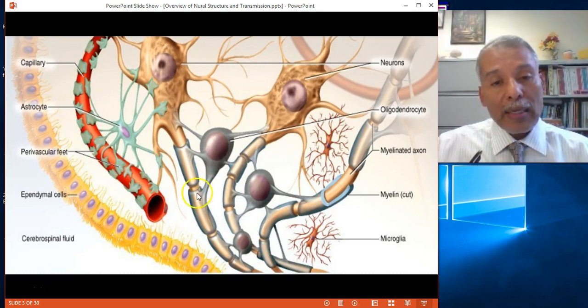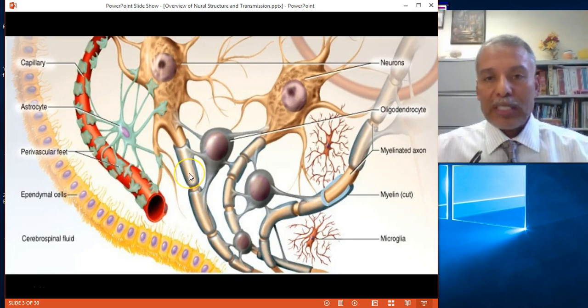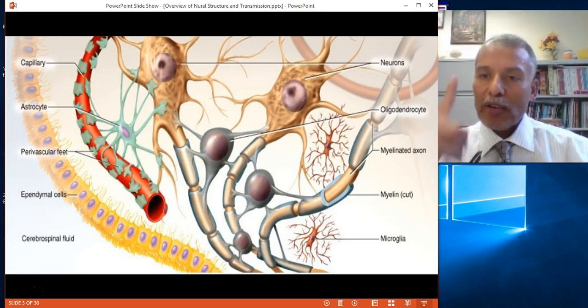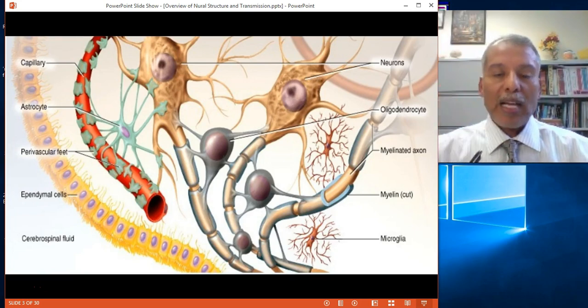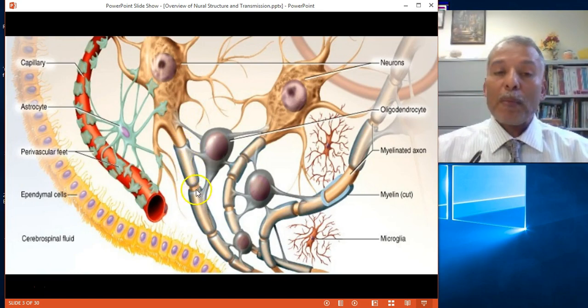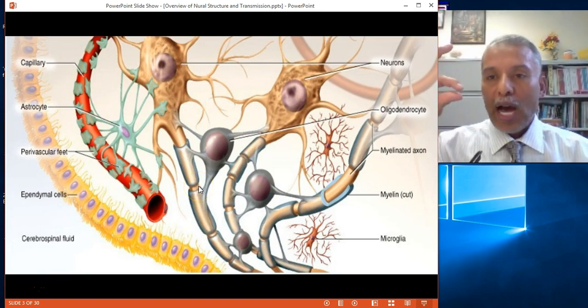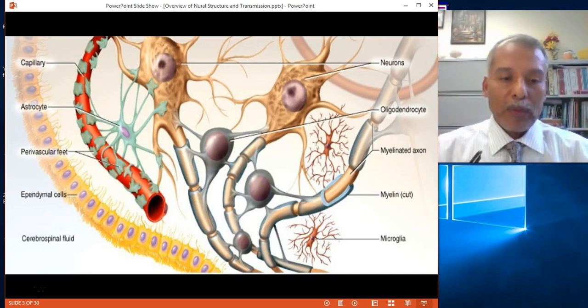Now look at the myelin sheath of this neuron here on the left. You have a segment of myelin, which is a little sheet of fat that is wrapped around a segment of the axon. Each segment is separated from the next segment by one bare spot, one node, which is called the node of Ranvier.